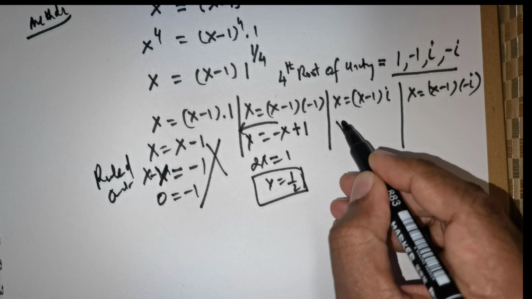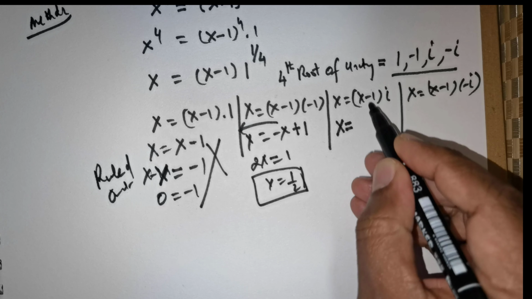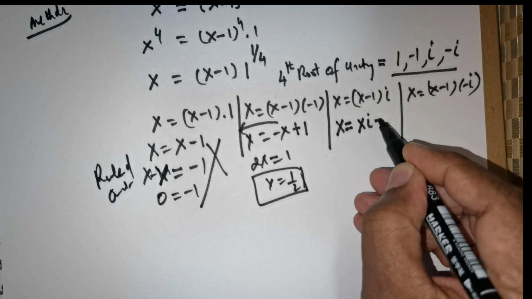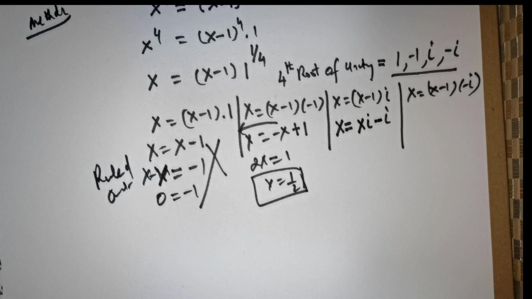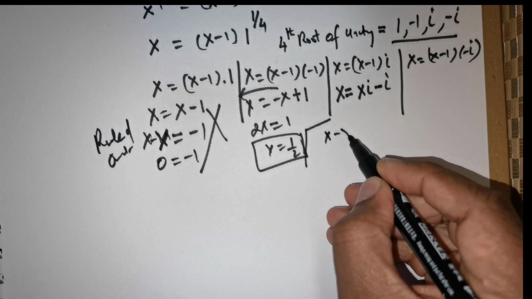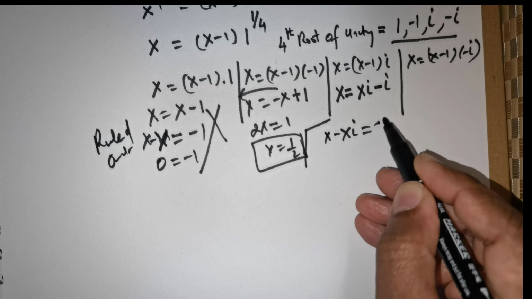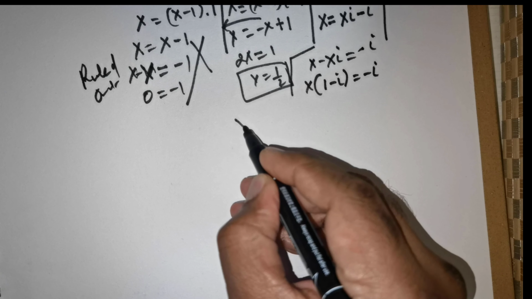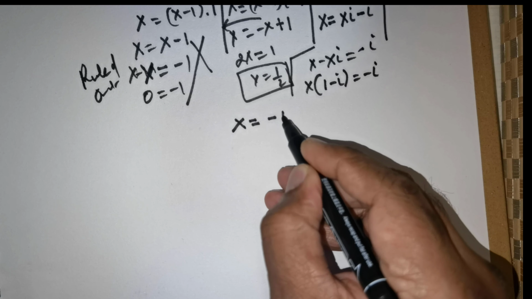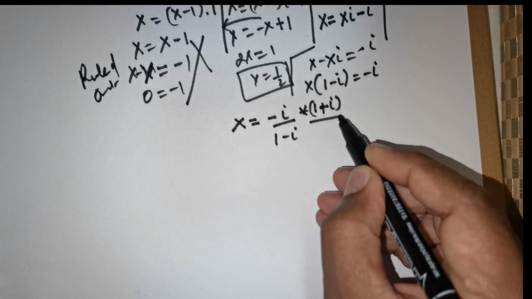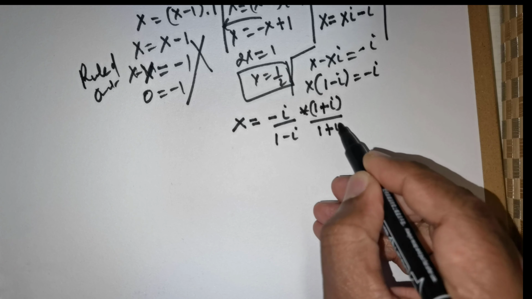Coming back to this point, you get x = x times i, and x = x times -i, and we will have to solve this. So let me show you how to do that. From here I would move this to the left side. So x - xi = -i. I take x out, I get x(1 - i) = -i. So x = -i divided by (1 - i). I multiply with (1 + i) divided by (1 + i).